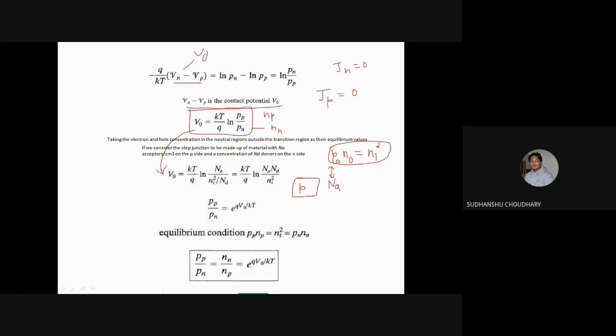So I can modify this, that is Na multiplied by n naught is equal to ni square. Here the hole in p-type semiconductor is Pp, and n naught is the electron in p-type semiconductor.